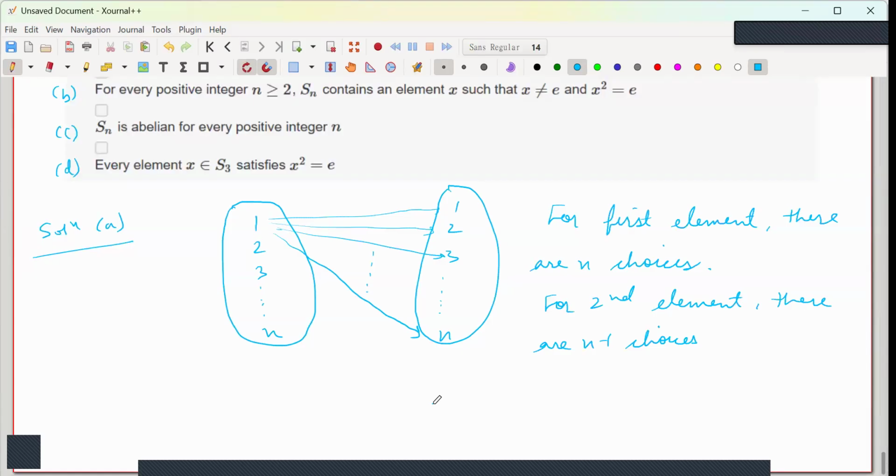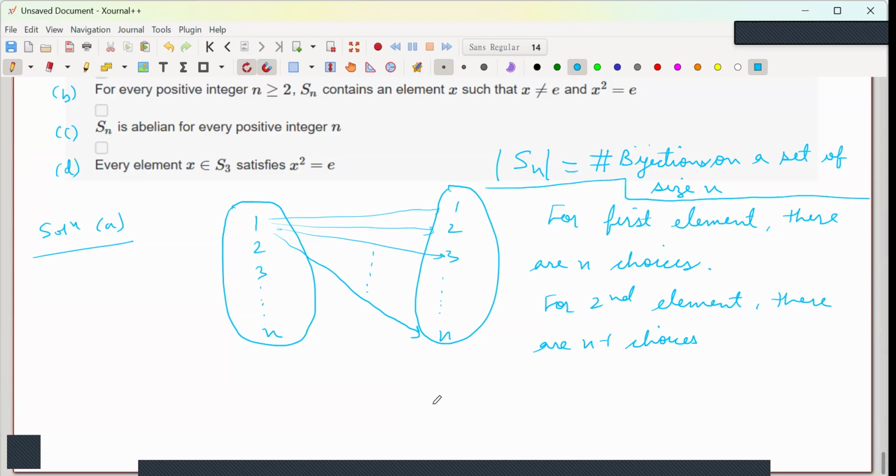So first of all, we should understand that the size of Sn should equal the number of bijections on a set of size n, right? So this is the key point.